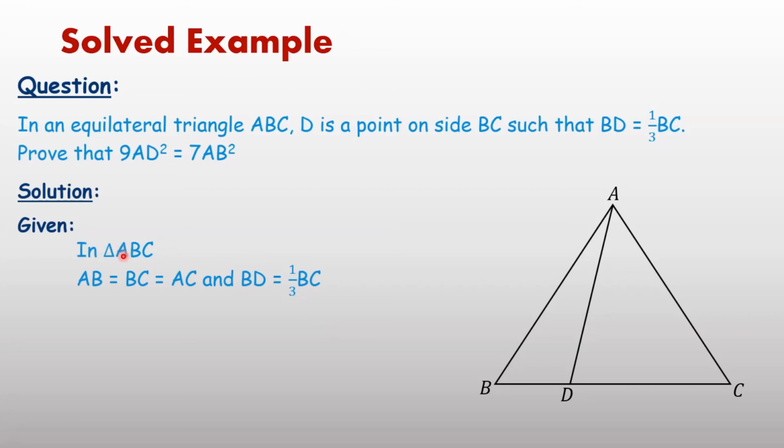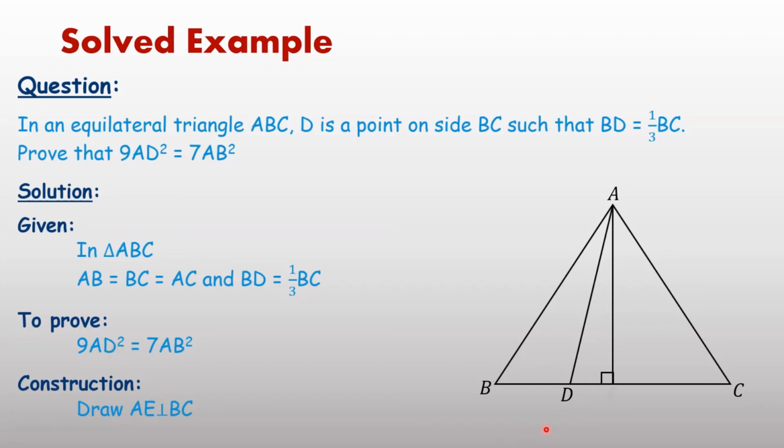Means in triangle ABC, if it is an equilateral triangle, all three sides are equal, means AB equal to BC equal to AC, and BD equal to 1 upon 3 BC. We have to prove 9AD square equal to 7 AB square. Construction: draw AE perpendicular to BC.